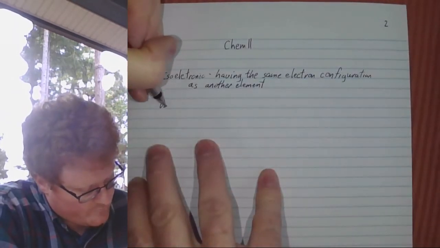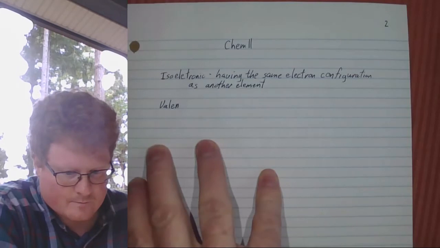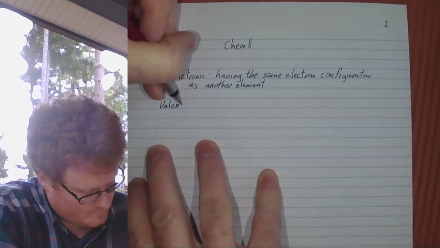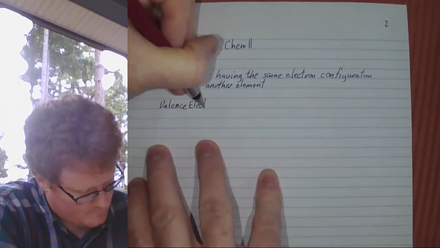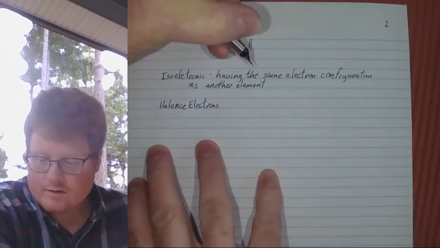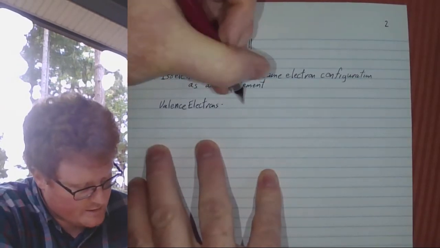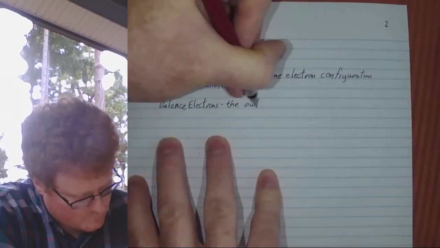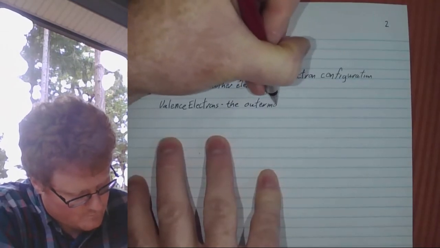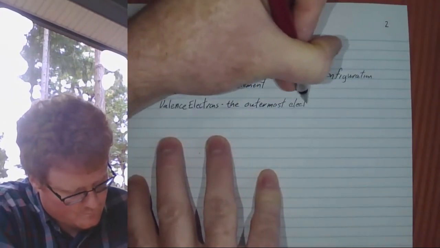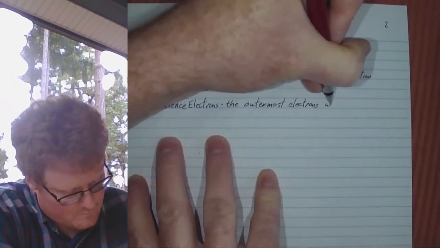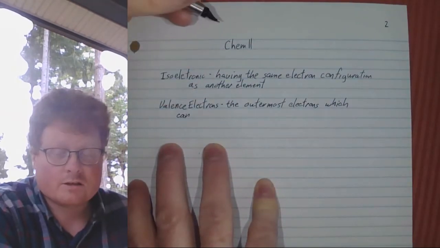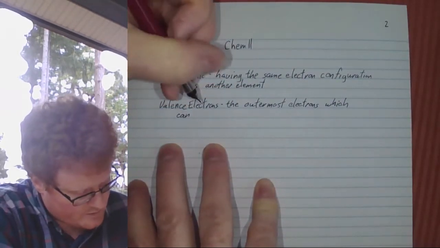So when we ionize, we want to look at the valence electrons. Valence electrons are the electrons that can take part in a chemical reaction. The outermost electrons, which can take part in chemical reactions.